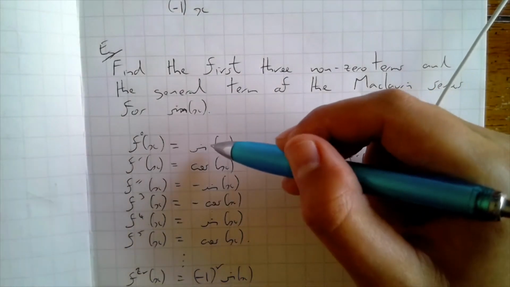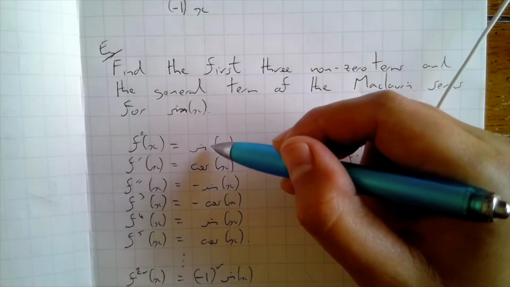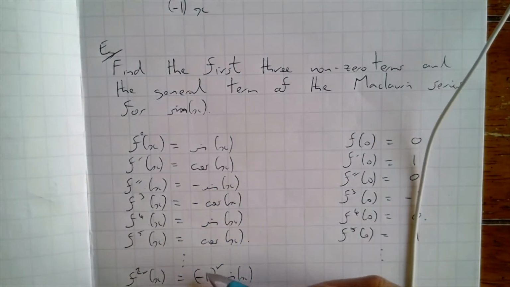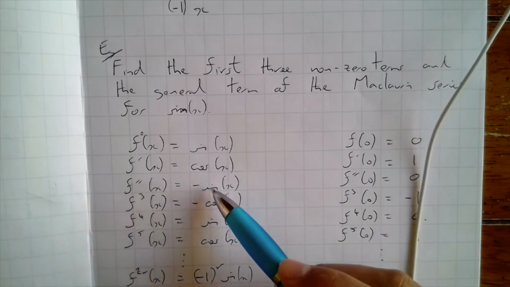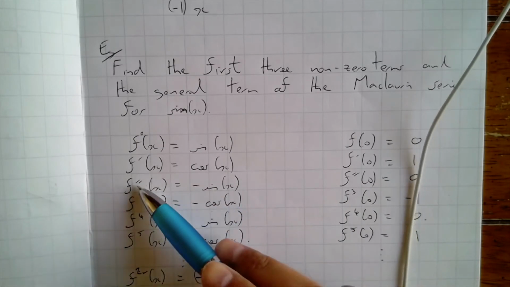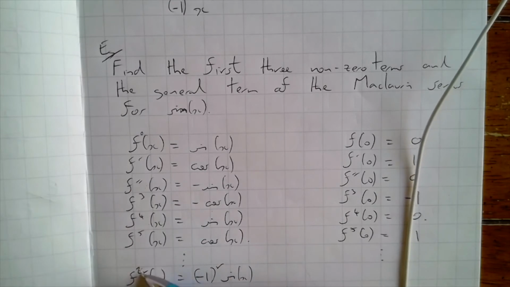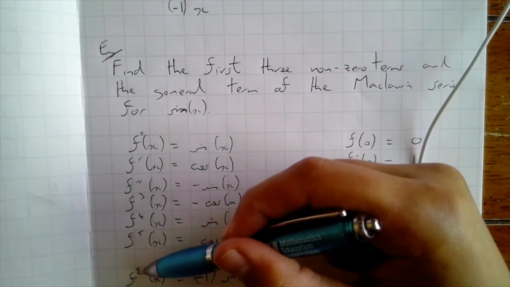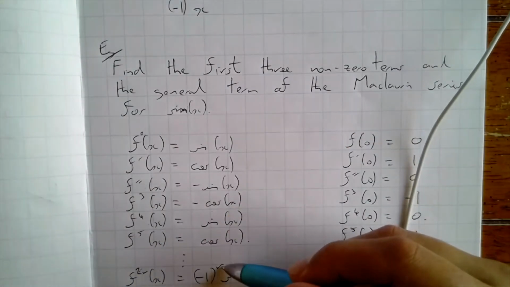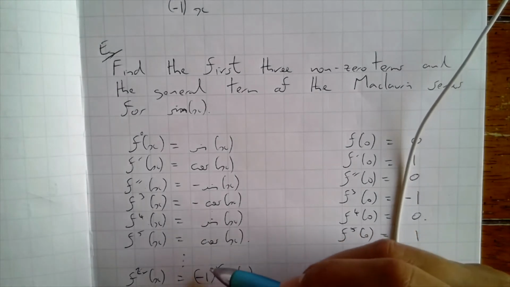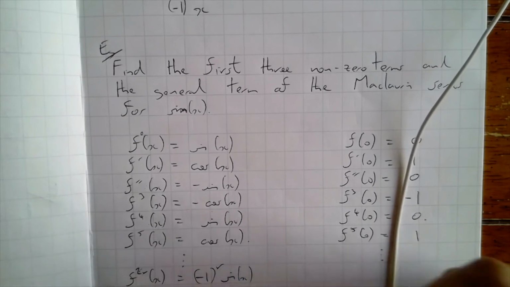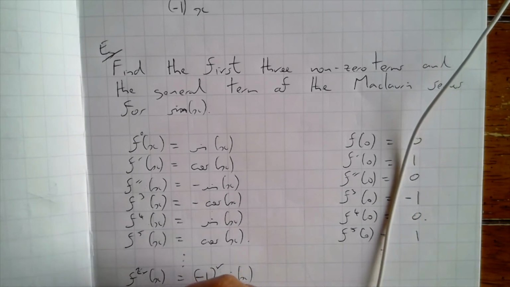And I want to go positive, negative, positive, etc. So anything to the power of 0 is 1. When it's for the second one, that's when r is 1. So 1 is here, so that's going to be a minus 1, etc. So the 2r makes sure that they're even, and this r here just keeps that minus 1 going between 1, minus 1, 1, minus 1, 1, minus 1, etc. So that would be the general term for that one.